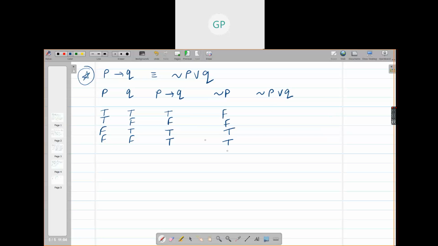You have to take these two columns, and when is it false? Disjunction is false only when both are false. So this is T. Now in the second row, this is F, this is F, so this is F. T F T T. Right? Did you understand?